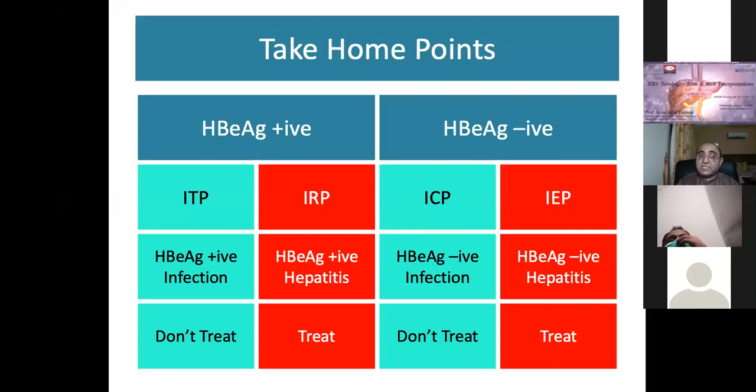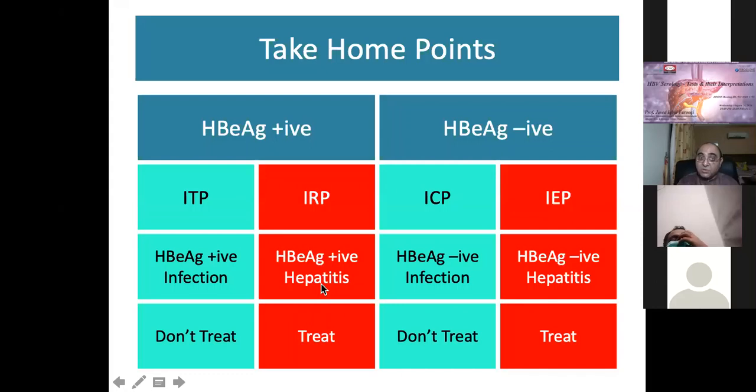That's the reason it is called infection, and you should not treat this phase if the ALT is normal. But if the immunity attacks those infected hepatocytes, there will be hepatocyte damage, ALT will start rising, and the viral load will be going down. So this is the phase when there is inflammation.